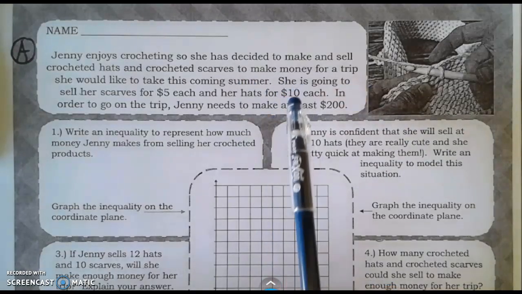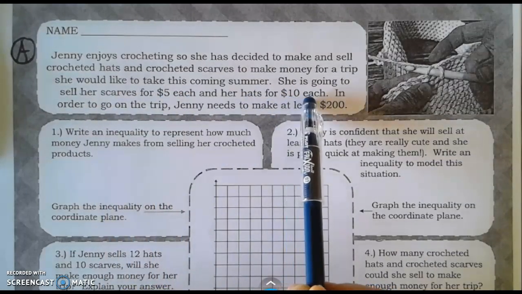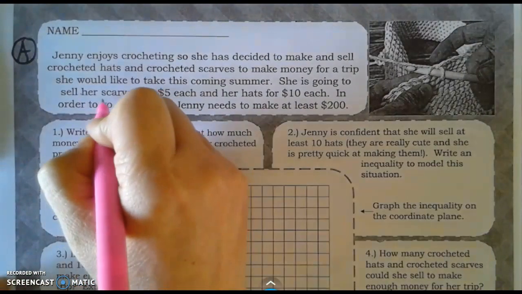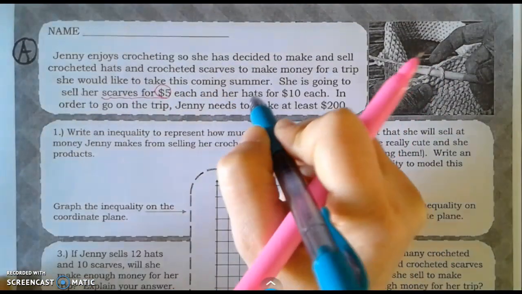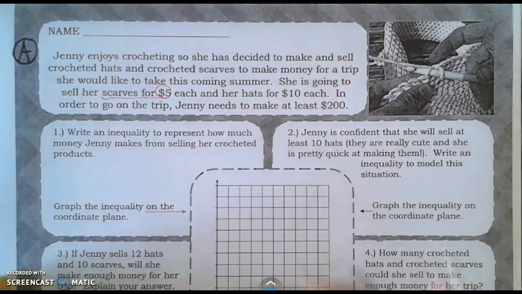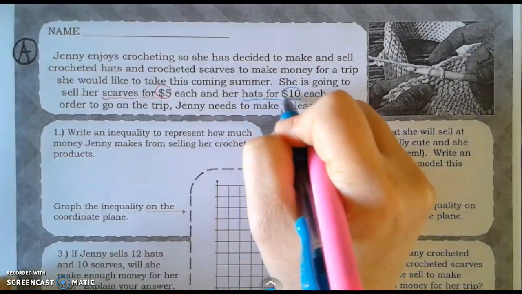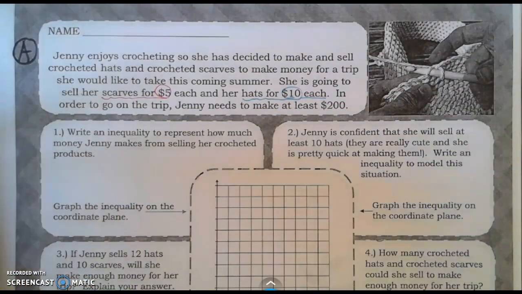Here it says she's going to sell her scarves for $5 each and her hats for $10 each. So let's highlight this. She's going to sell her scarves for $5 and her hats for $10. But Jenny needs to make at least $200.